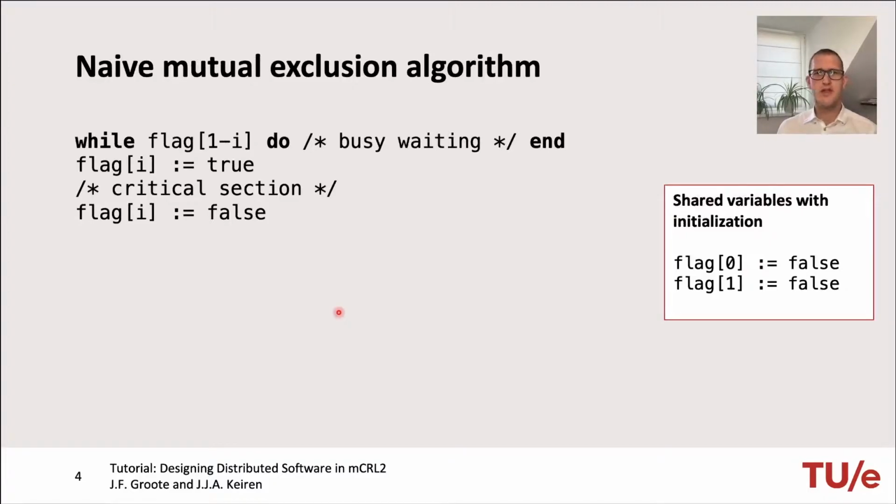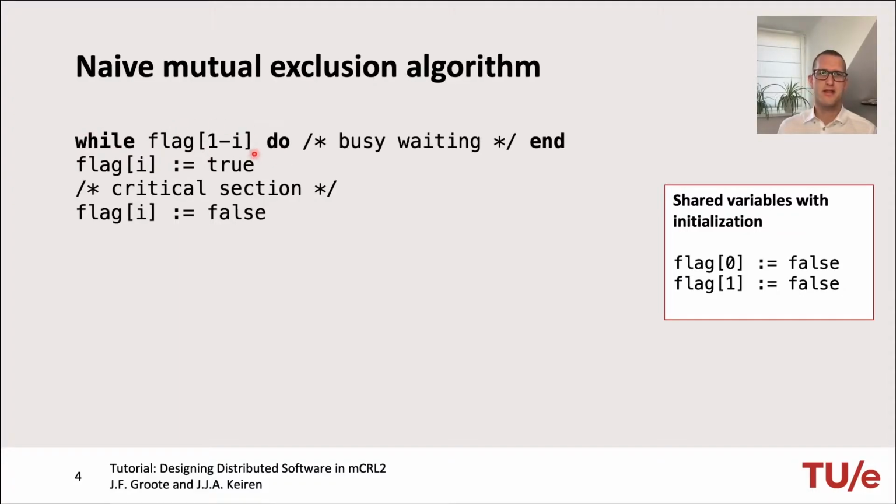Now, the first algorithm that we introduce is a rather naive attempt at mutual exclusion, where each process has a shared variable flag that it uses to indicate that it is currently in its critical section. Before accessing its critical section, it will wait until the flag of the other process becomes false using a busy waiting loop.